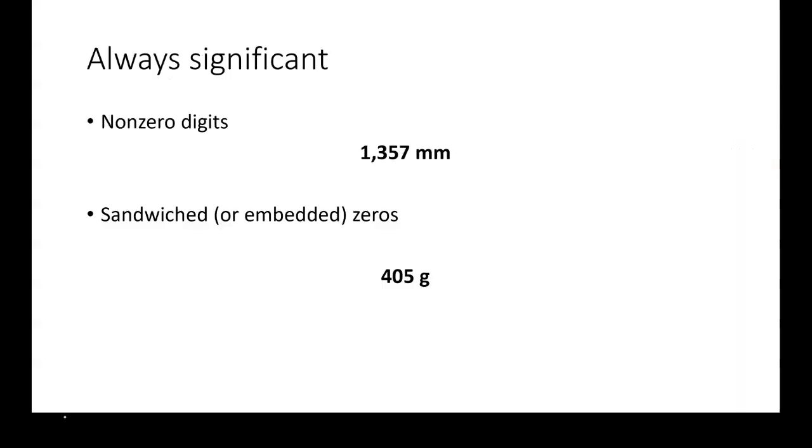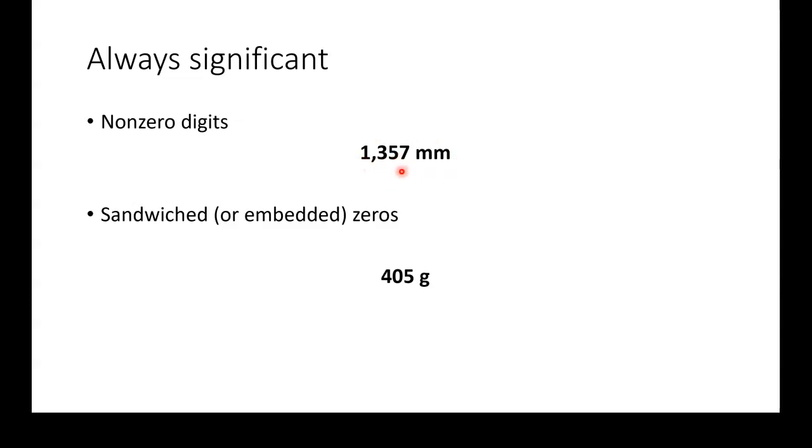So how do we know if a digit is significant if we didn't measure it ourselves and we're just looking at some data? There are two types of digits that are always significant. The first are non-zero digits. In this case, we have 4 non-zero digits, and so we would know all of these to certainty: 1, 3, 5, 7.